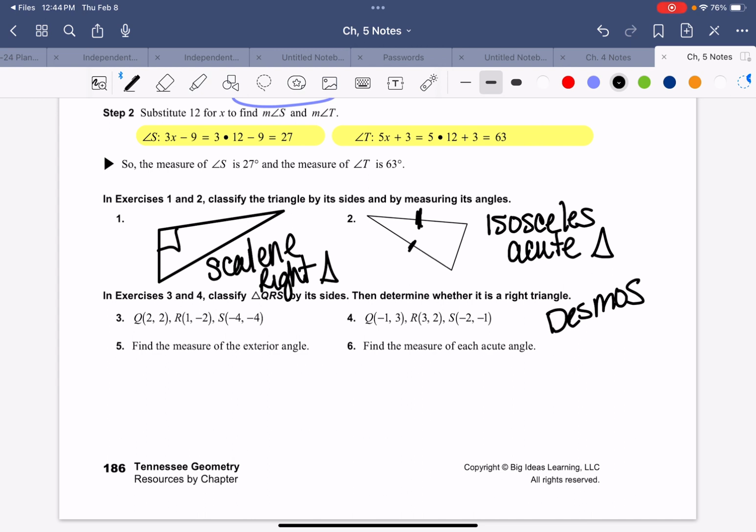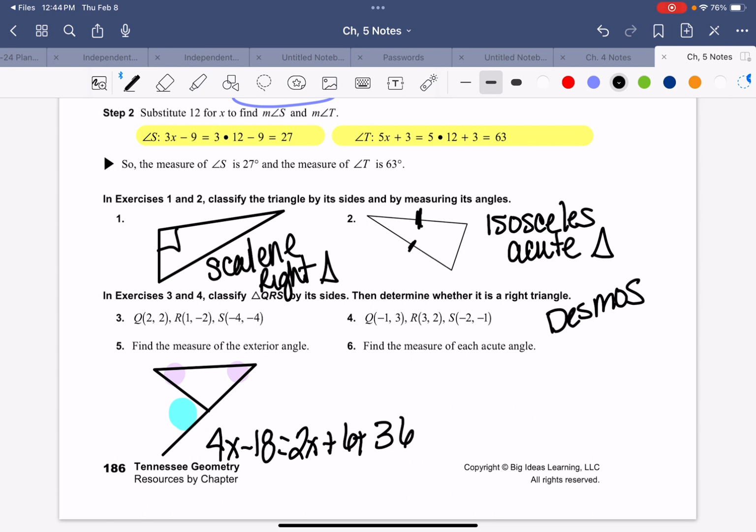Now, in 5, again, I've got to draw it because I don't have it, and I don't understand why I don't. Okay? So, find the measure of the exterior angle. So, to find the measure of this exterior angle, we're going to be able to say that this angle is equal to the sum of these two. So, I'm going to write the equation that 4x minus 18, which is my exterior angle, will be equal to 2x plus 6 plus 36.